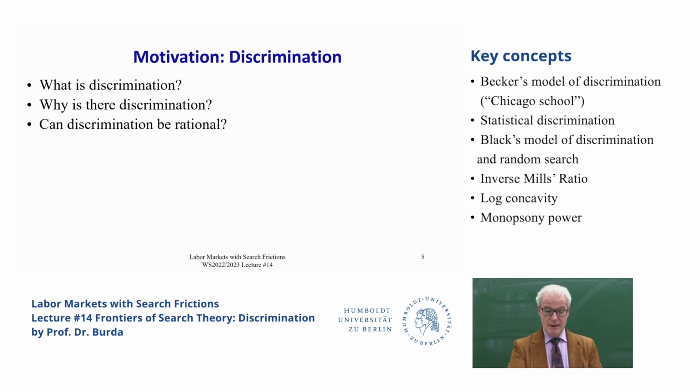And it turns out that Black shows this is sufficient to explain what we observe. And, of course, we have this underlying feeling that it's wrong, it's unfair, especially if people are demonstrably equally productive and then receive different wages or different employment prospects. Then it's not fair.